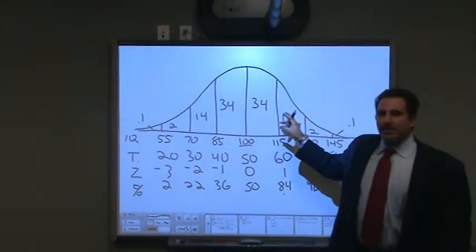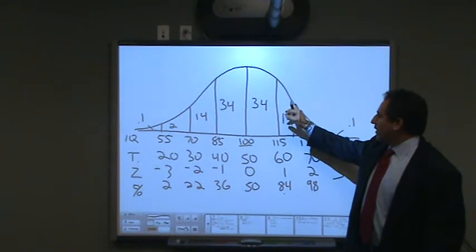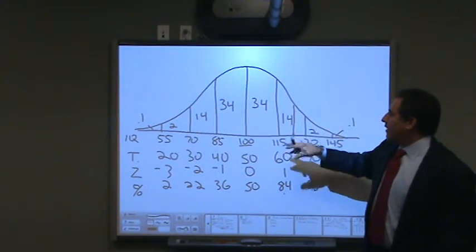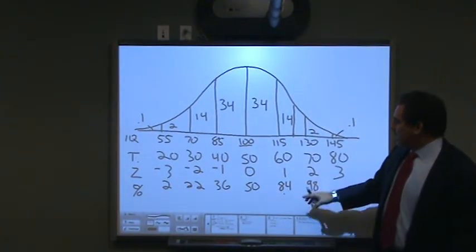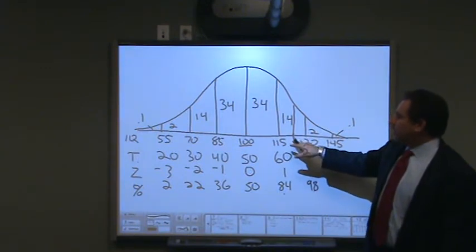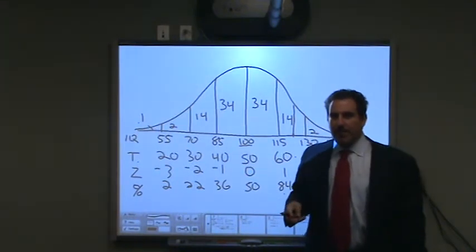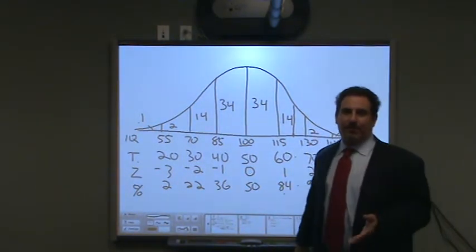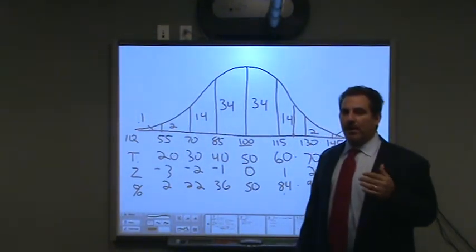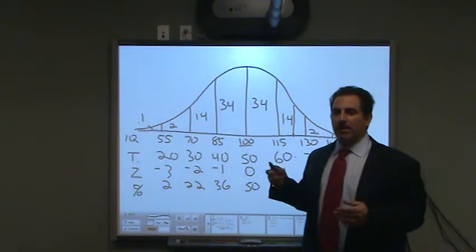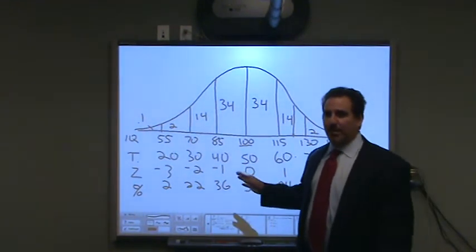And this slice has 14% of the people in it. If you're over here, then you're cutting off more than half of 14%. So let's just call it 10%. What that tells us then is that a T-score of 65 would correspond to the 95th percentile. So when we get a T-score of 65 on scale 4 of the MMPI, what we know about them is that they are substantially different than the population when it comes to that domain that's being looked at by scale 4.